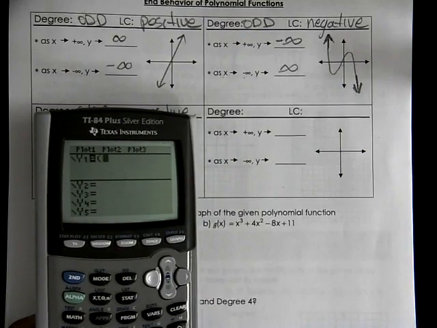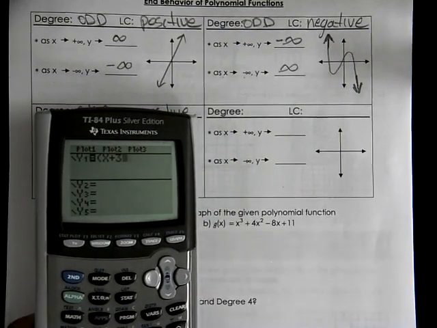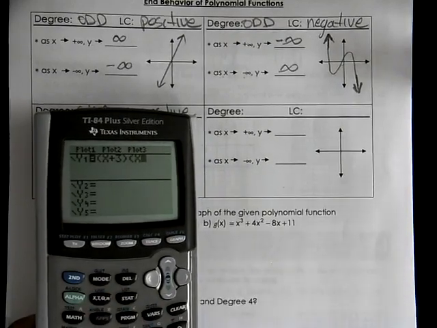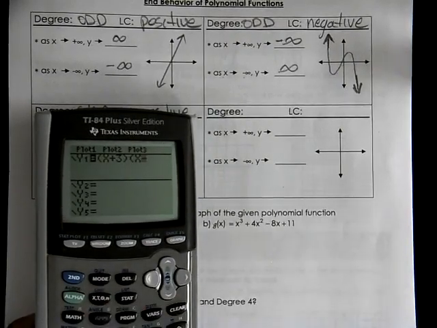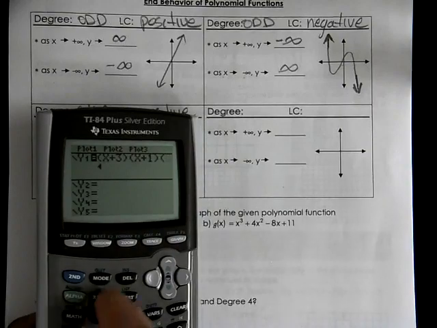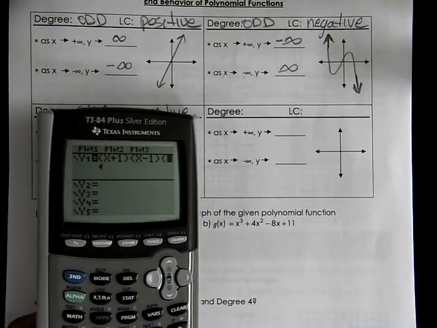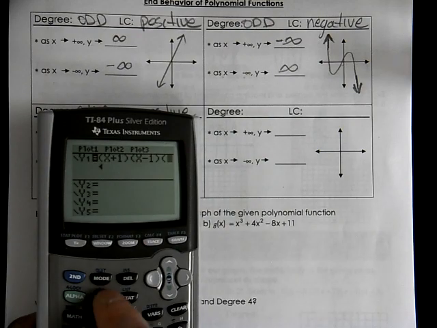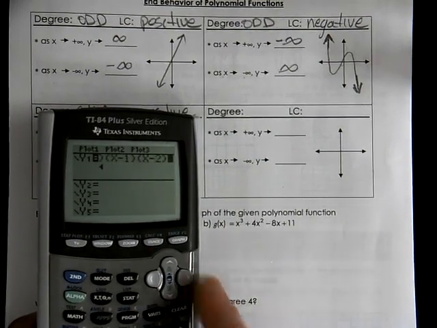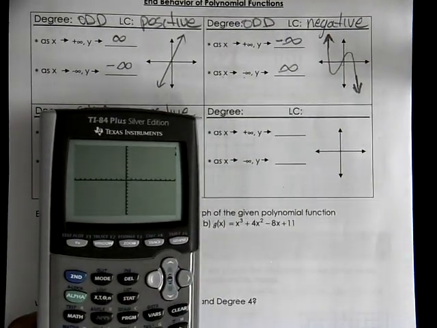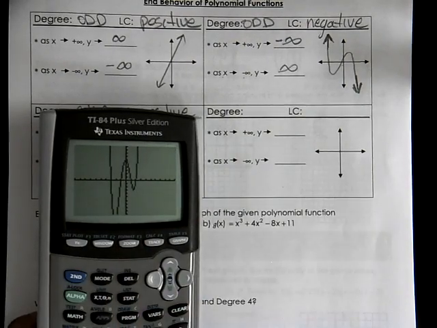What if we had x plus 1, x minus 1, and x minus 2? It might fall off the screen there a little bit, just a tad.